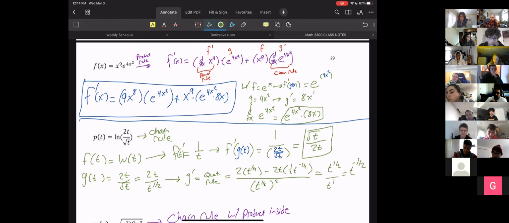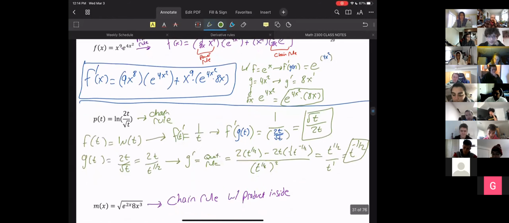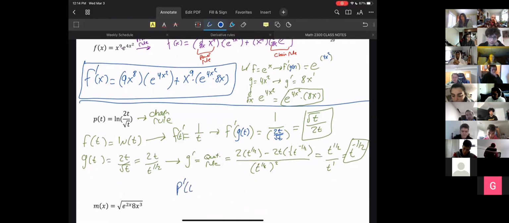And so that's the other piece of it. And so we can write down our final answer, right down the bottom here. P prime of t is f prime with g plugged in times g prime.